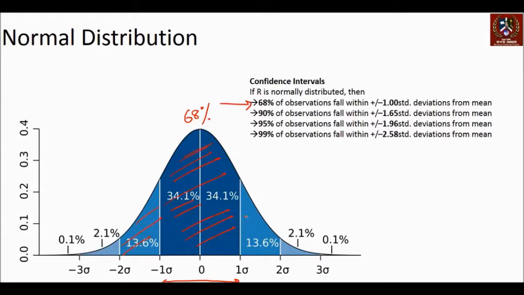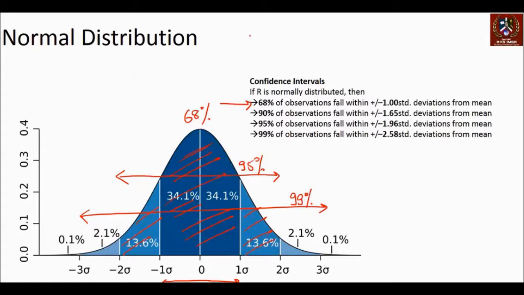If you look at the data between these two, obviously that entire 68% falls inside this. Close to 95% will fall under 2 standard deviations. And if you extend that to 3 standard deviations, close to 99% will fall in 3 standard deviations.